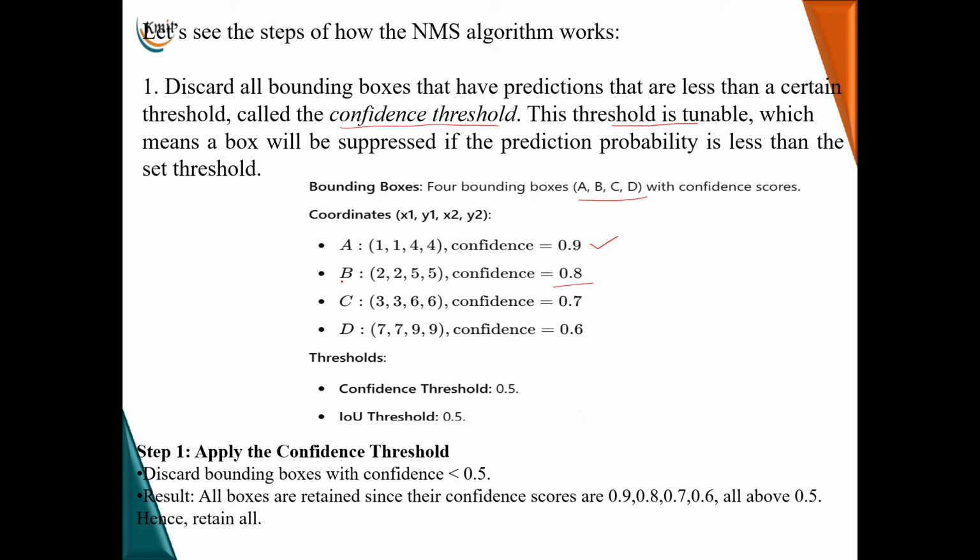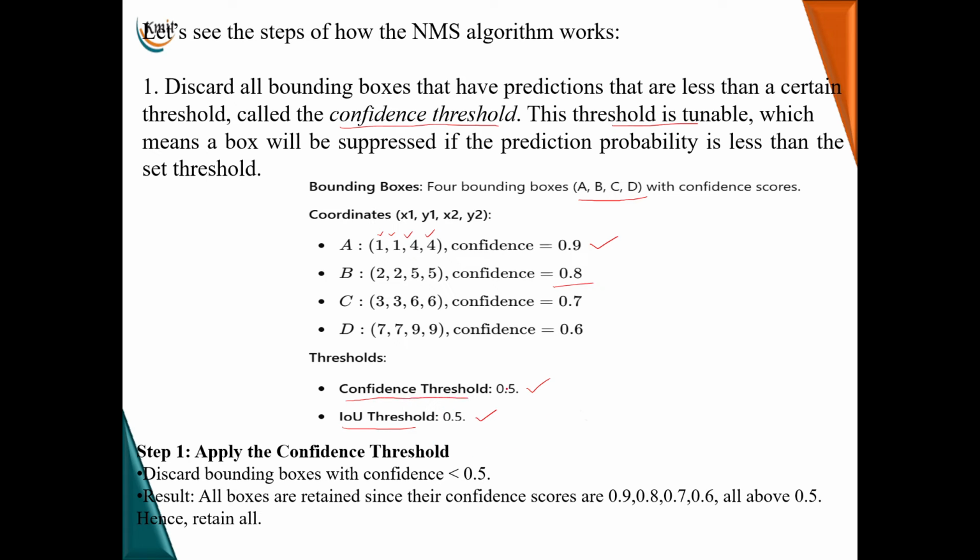In bounding box B, the model is 80% confident that an object or target is present. Then 70% confidence and 60% confidence. These are the confidence scores of all these 4 boxes, and these are the coordinates X, Y, W and H. Now let us assume the confidence threshold as 0.5 and IOU threshold as 0.5. I will tell about these parameters in the next slides.